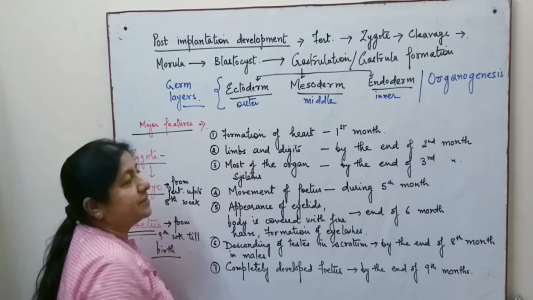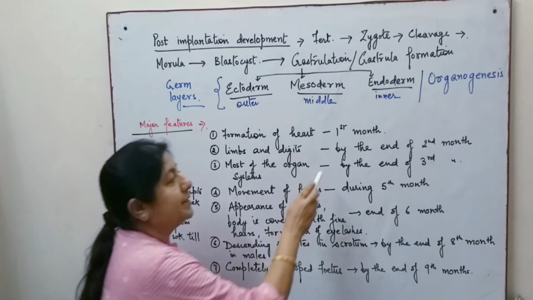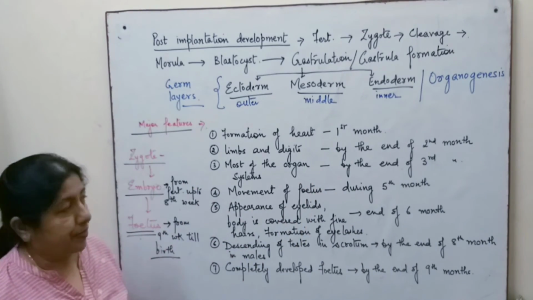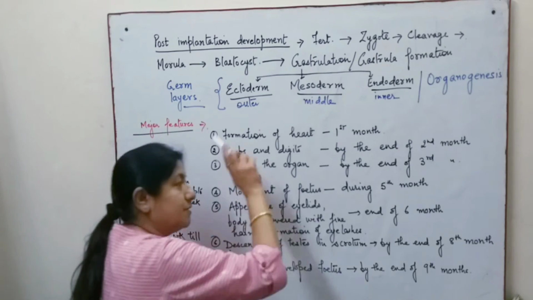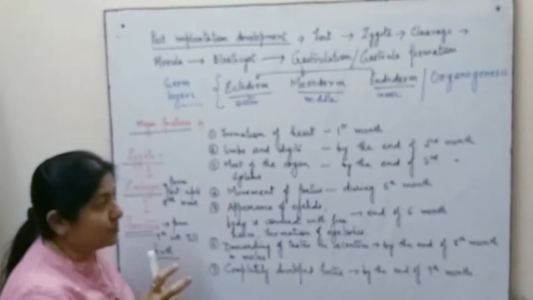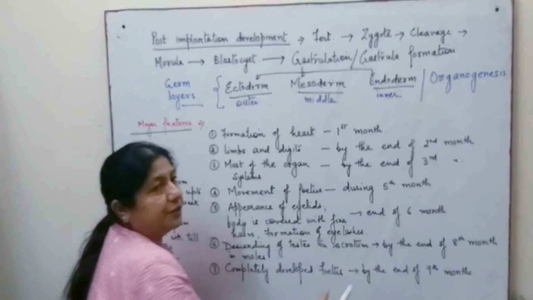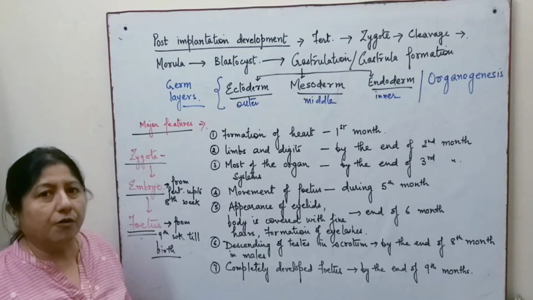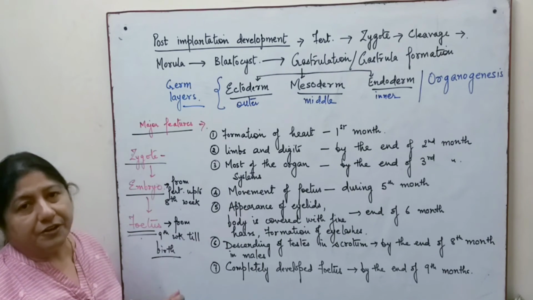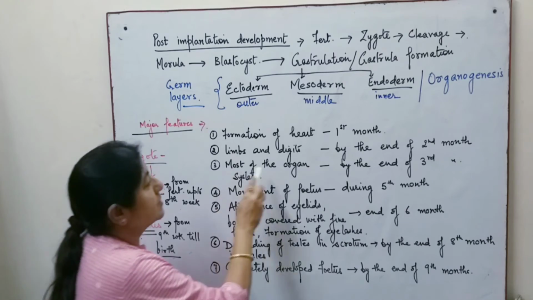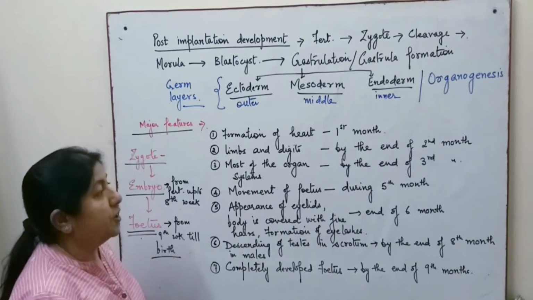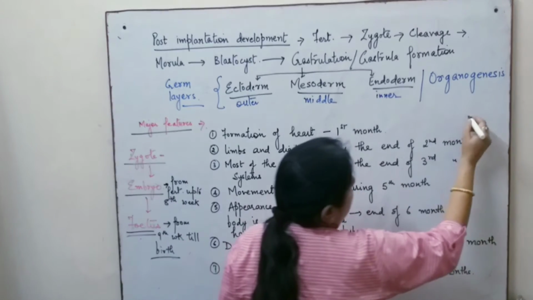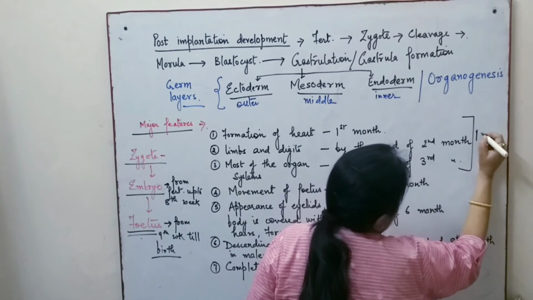Then the limbs and the digits are formed by the end of the 2nd month. All of the organ systems will be completed by the end of the 3rd month. So this completes your first trimester.